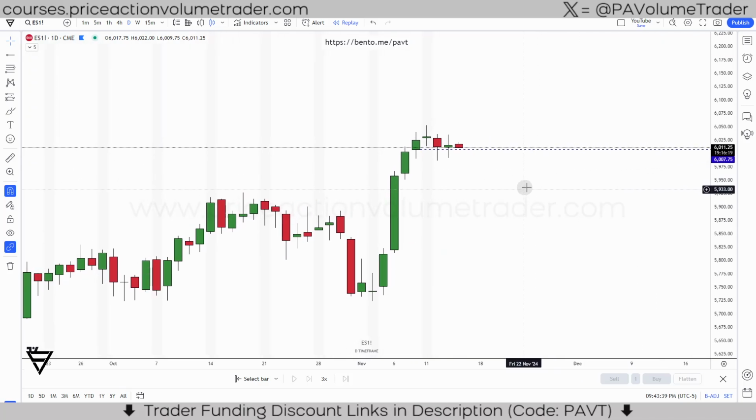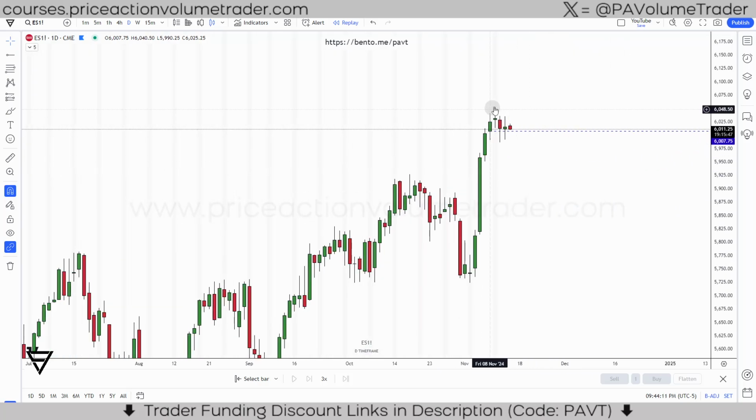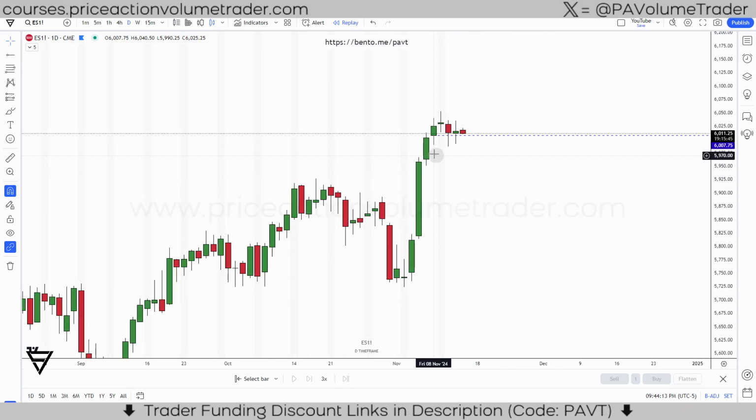Okay, next example we're going to see is in the S&P 500 futures. In this case, we also have a market that had very strong bullish momentum and made a new all-time high. So we're going to analyze this candlestick right over here, Friday the 8th.